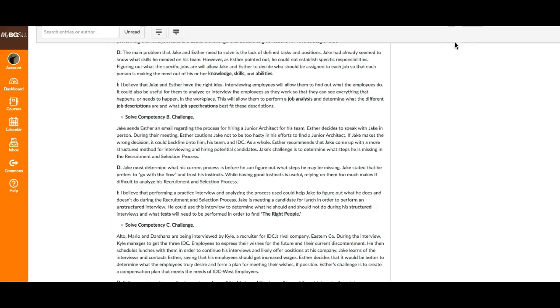Let me show you another one here. I think this is from Jacob. Notice how the letters of DIET are highlighted. Not only that, he brings out the key parts of the text, for example, they need to perform a job analysis so they can get the job descriptions, and notice he says what job specifications best fit these descriptions.